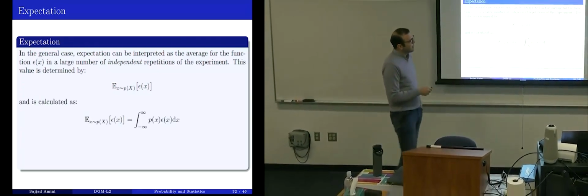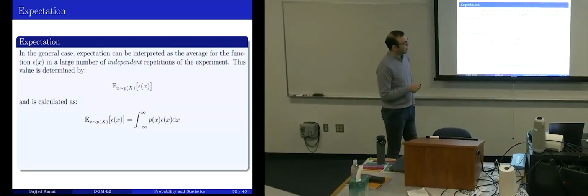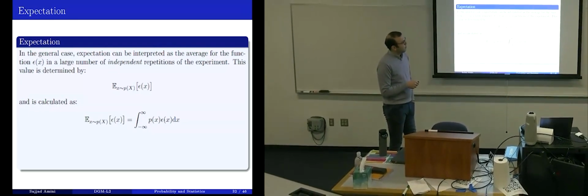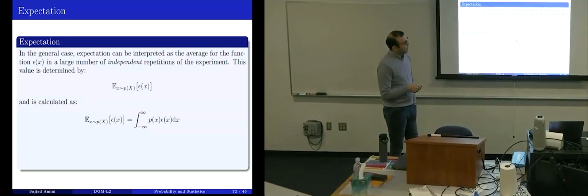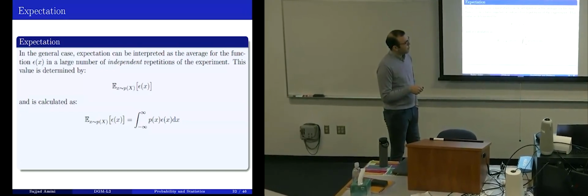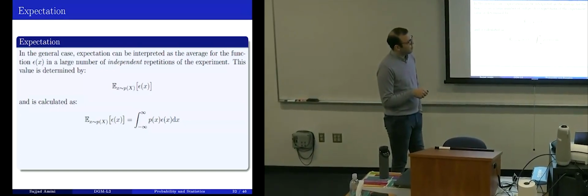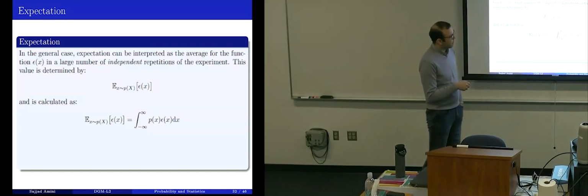So how can I calculate this concept? One approach is by sampling, and another approach is by the probability density function. As you can see here, it means that you weight any point by its corresponding probability and sum the result over all valid values of x, where we assume that x extends from minus infinity to plus infinity.